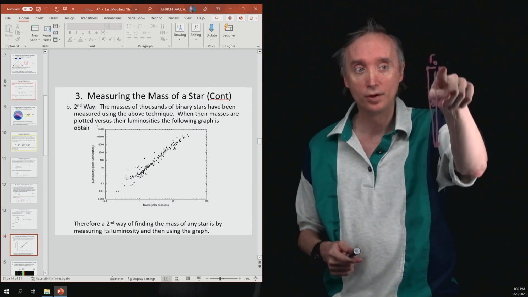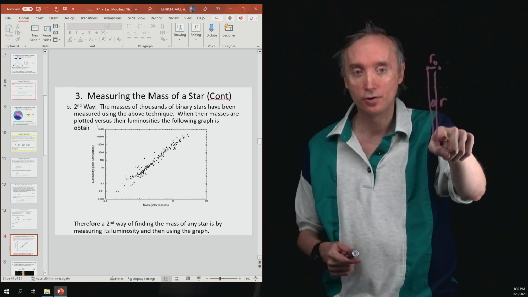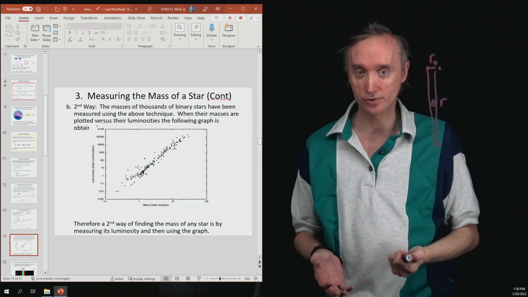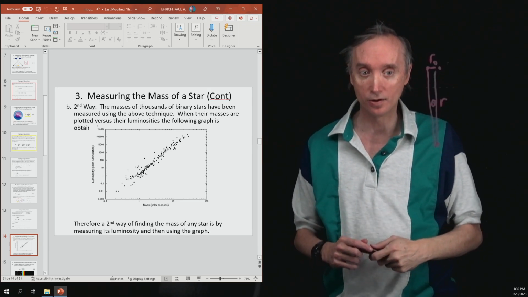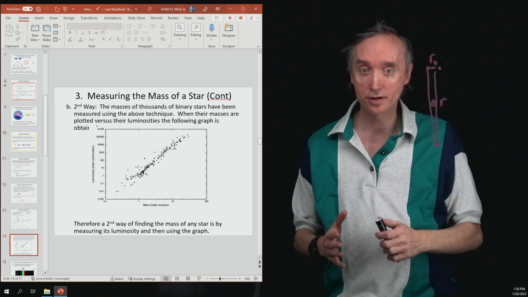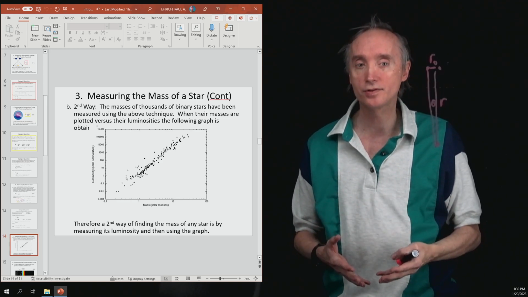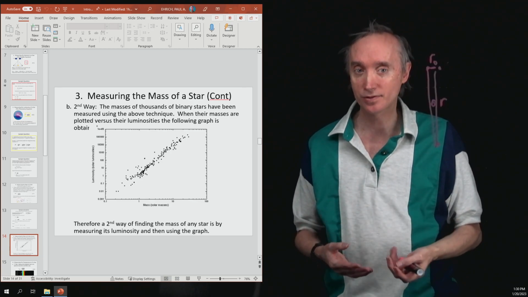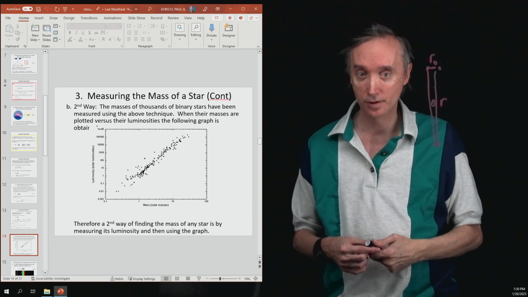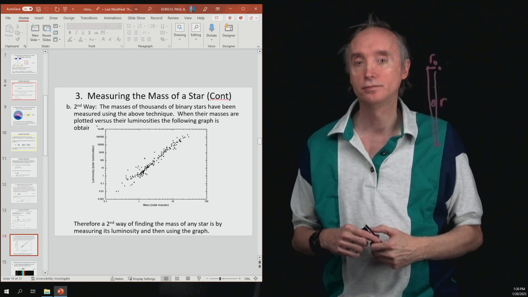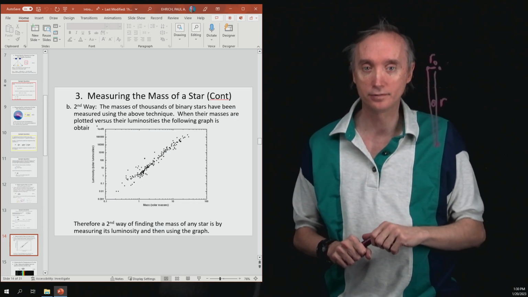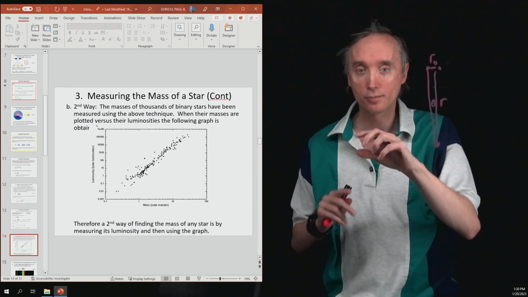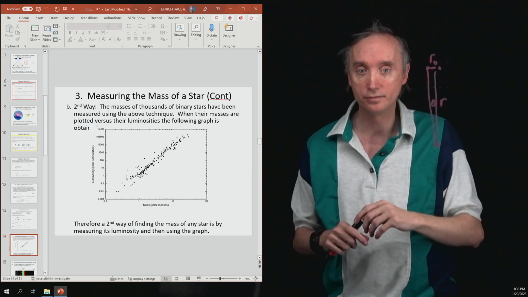You know what the R is, so you put both of those numbers into the photometry equation, and you solve it for L. So astronomers have measured the luminosity of thousands of stars, and they've also measured the masses of thousands of stars, and then they graph it. So look at that graph there. Notice that it falls on a pretty much straight line.